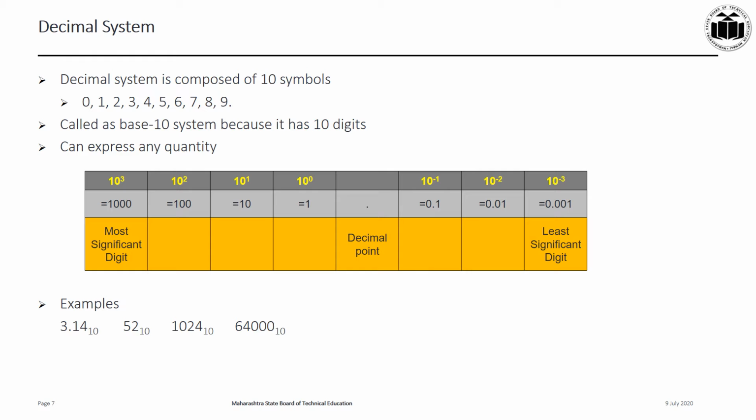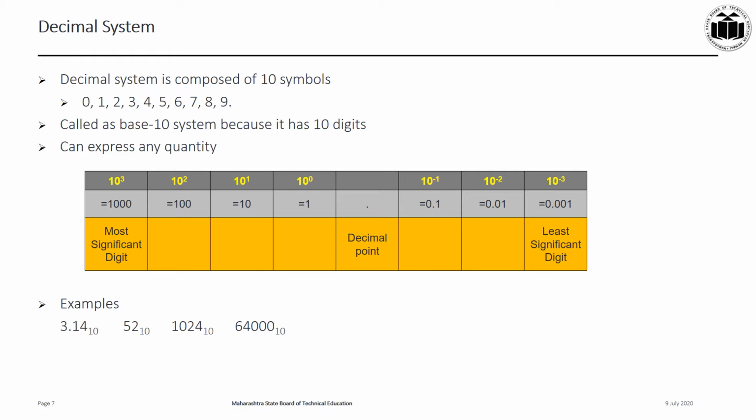In this number system, each place of a digit represents a different multiple of 10. The digits on the left side of the decimal point have weights 10 to the power 0, 10 to the power 1, 10 to the power 2, and on the right side they have 10 to the power minus 1, 10 to the power minus 2, 10 to the power minus 3, as you can see in the table.